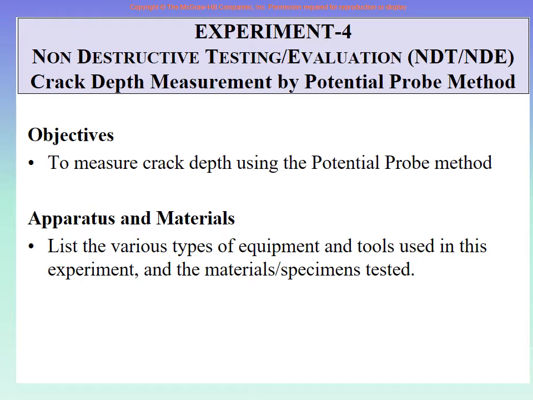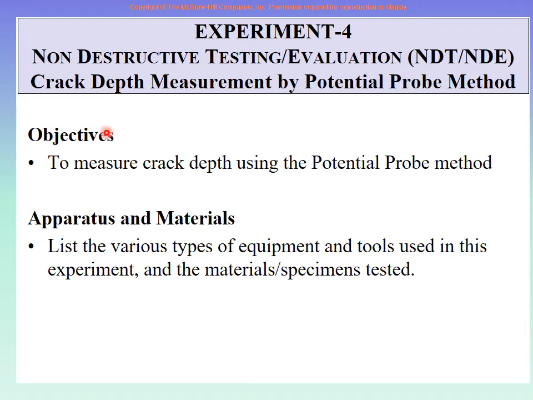Experiment 4 is also non-destructive testing or evaluation, but this is the potential probe method, crack depth measurement by potential probe method. You see, the previous one was only finding the cracks and subsurface cracks, not deep inside. So this time crack depth measurement, and the machine is a different one called potential probe method.